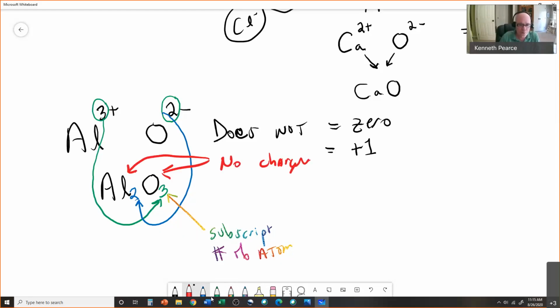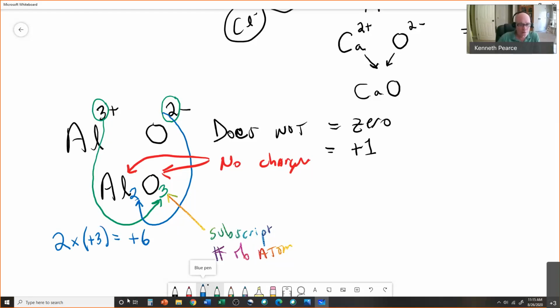Now, let's go ahead and prove that the charges do add up to 0. If you take that 2, that means 2 aluminums, and each aluminum is plus 3. That gives me plus 6 charge carried by those 2 aluminums.